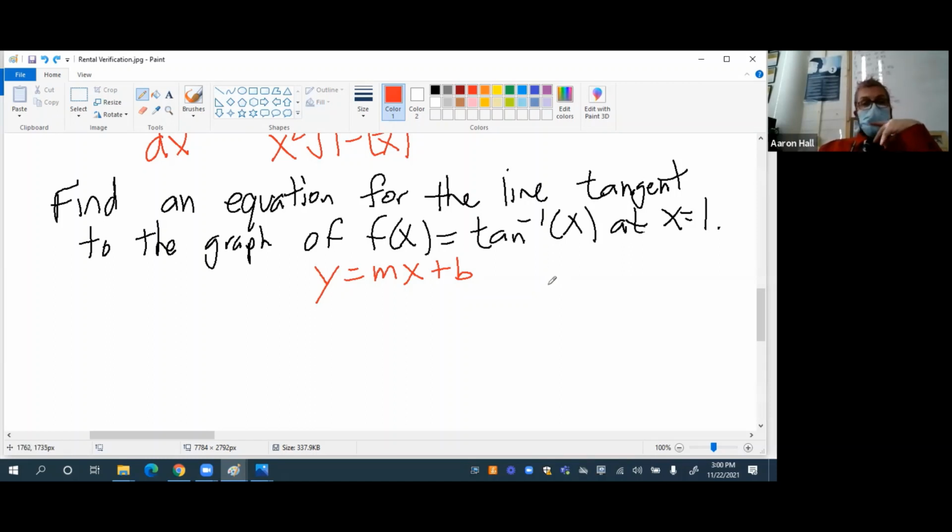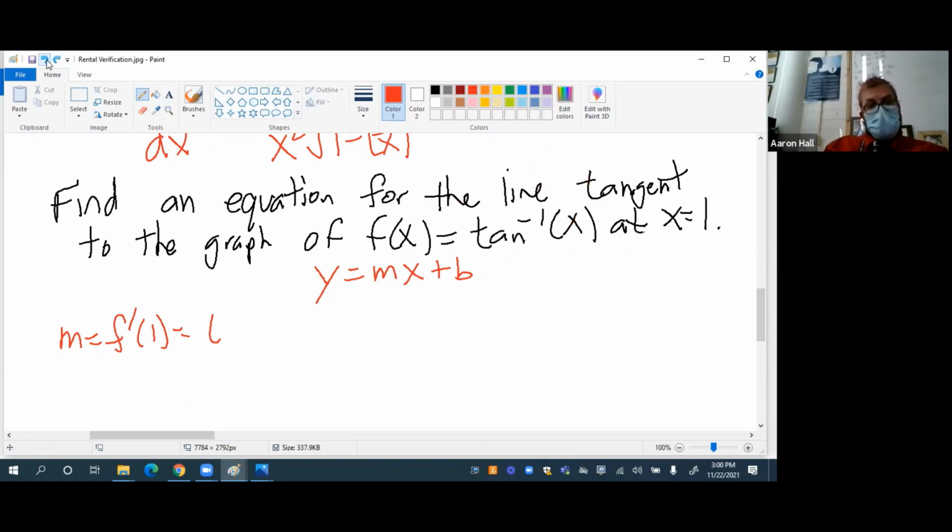So how do I do it? How do I find M? Yep, so M is the derivative of f at 1, right? What is the derivative of the inverse of tangent of x?